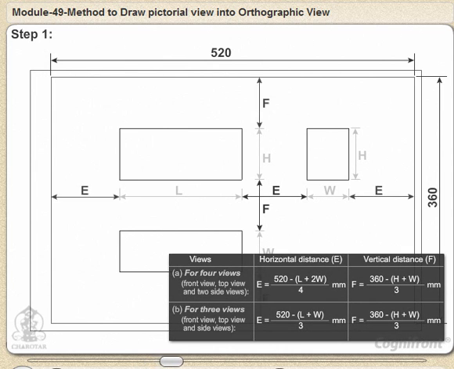If these distances E and F are less than 20 mm, adopt the suitable standard scale. In the above illustrated problem, E and F are 95 mm and 75 mm respectively. Select suitable scale and draw required blocks depending upon the number of views.